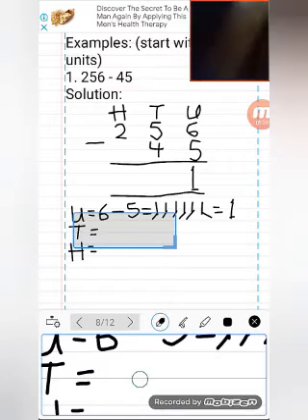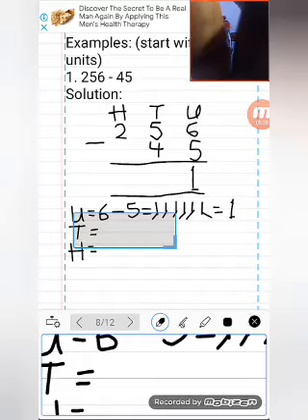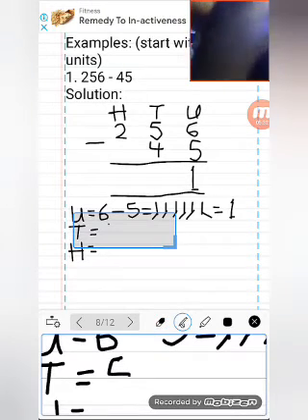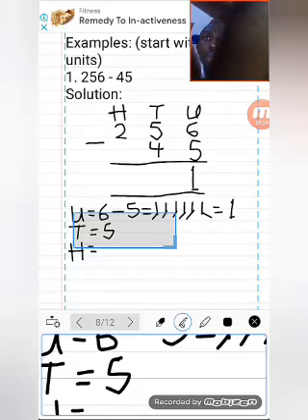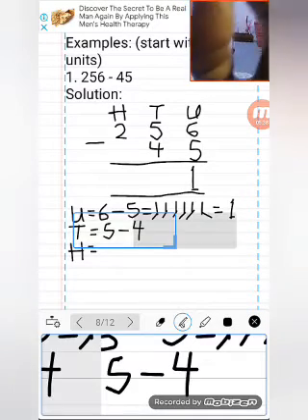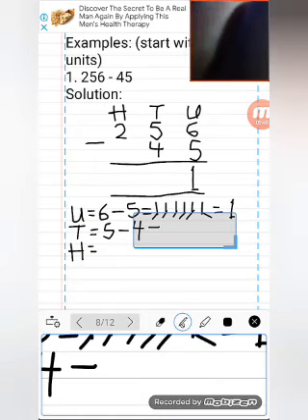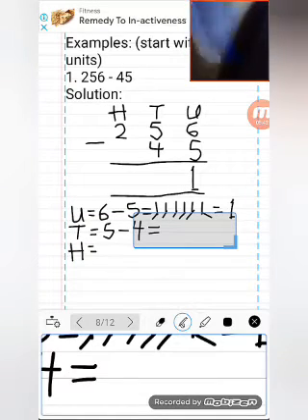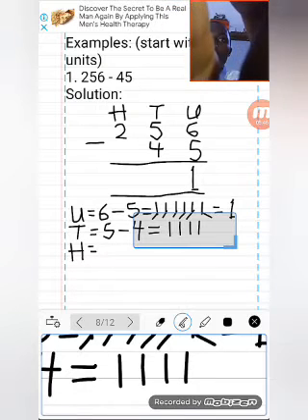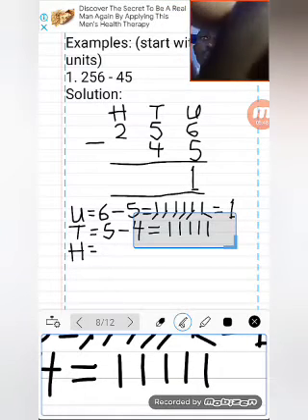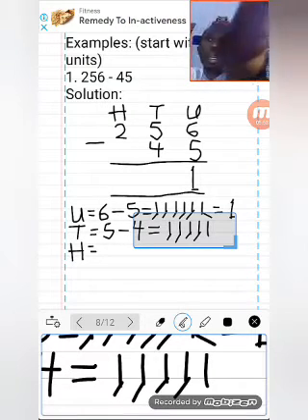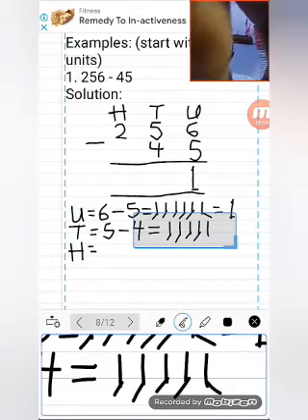We can't subtract a big number from a small number, so the big number comes first because we are taking away the smaller one from the big one. 5 minus 4. So let's start counting. Let's count 5: 1, 2, 3, 4, 5. Minus 4: 1, 2, 3, 4. Then what do we have left? 1.